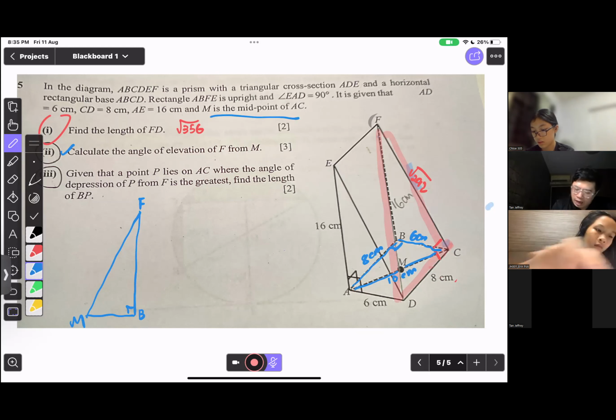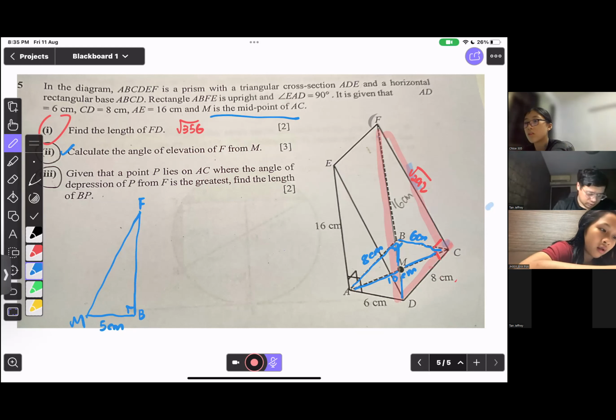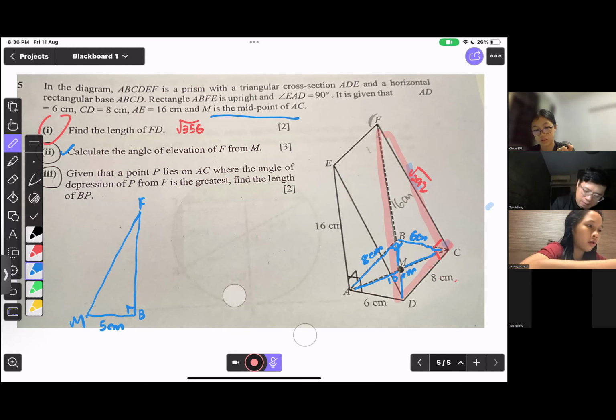That means BM is actually 5 cm, because it's half. Is that okay? So then after that, what is FB? FB is 16 cm. So from here you can find it.